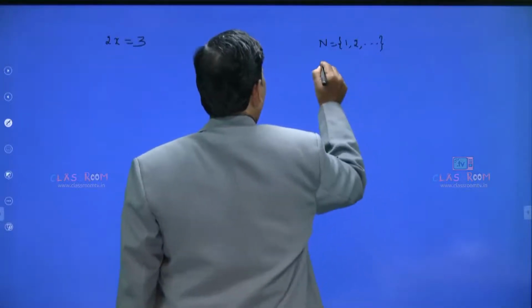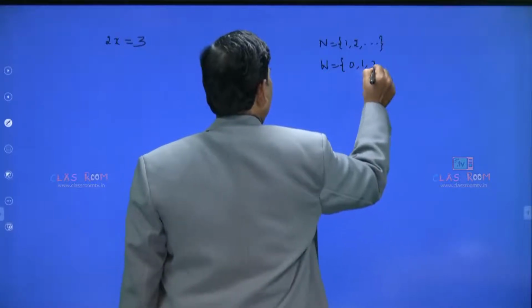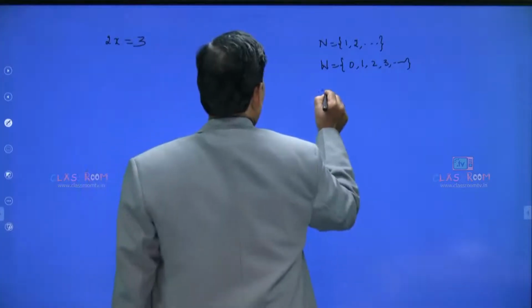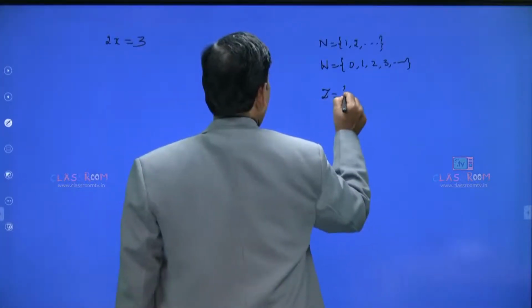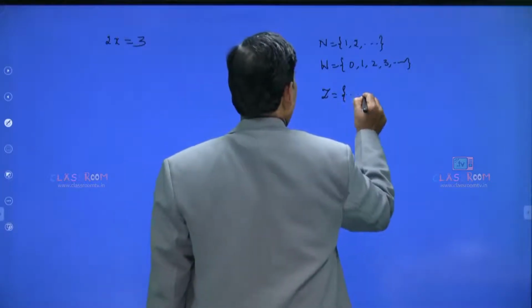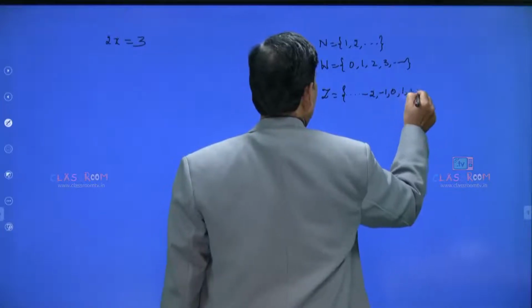We have the whole numbers, the natural numbers together with 0. And we just learned about integers, which are the negative numbers, 0 and positive numbers.